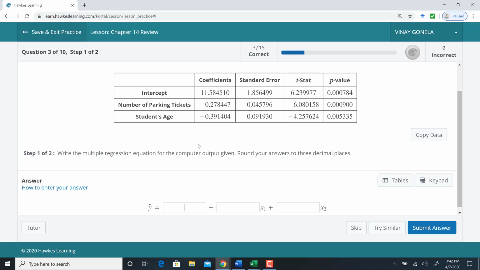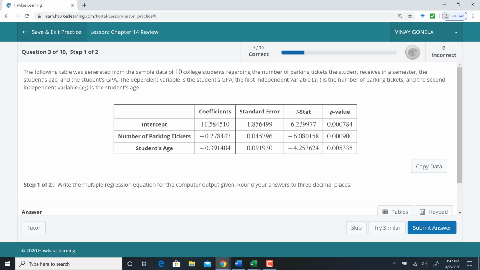So write the multiple linear regression for this. Again, the following table was generated for college students regarding number of parking tickets the student receives in a semester, the age, and the GPA.